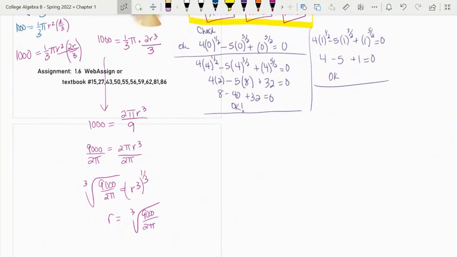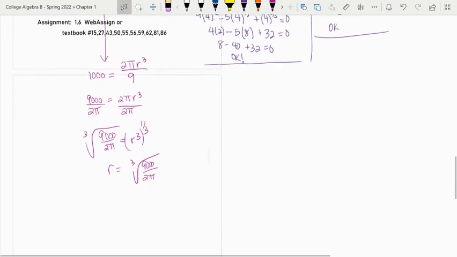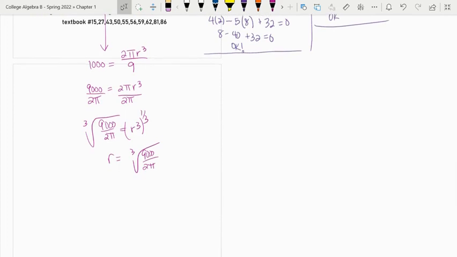And I don't have a calculator. Let me see what that will be. Let's see if my phone will work. I'm going to take 9,000 divided by 6.28 approximately. So 1,433, so the third root of that.